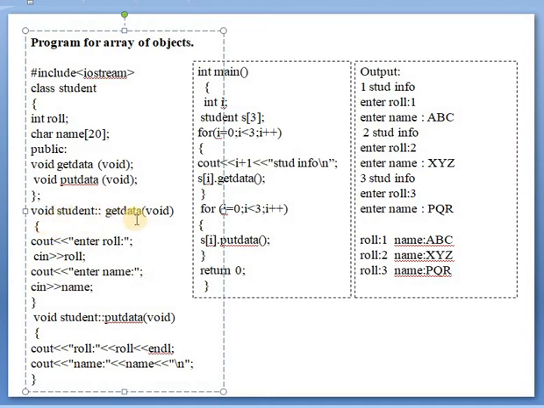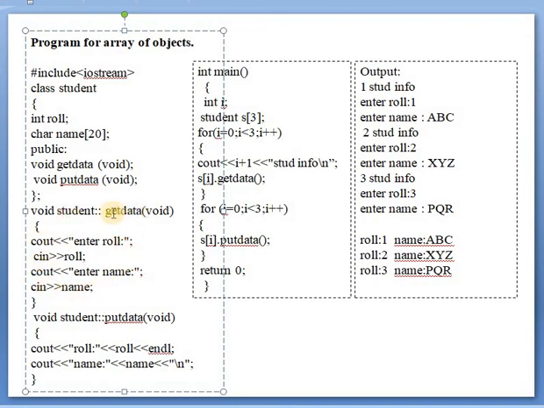Now here we are going to define the member function outside the class. So void student is the class name, scope resolution operator, get data. Enter roll number: by using cin we can get the roll number from the user or student. Cout enter name, here we are taking the name from the user.